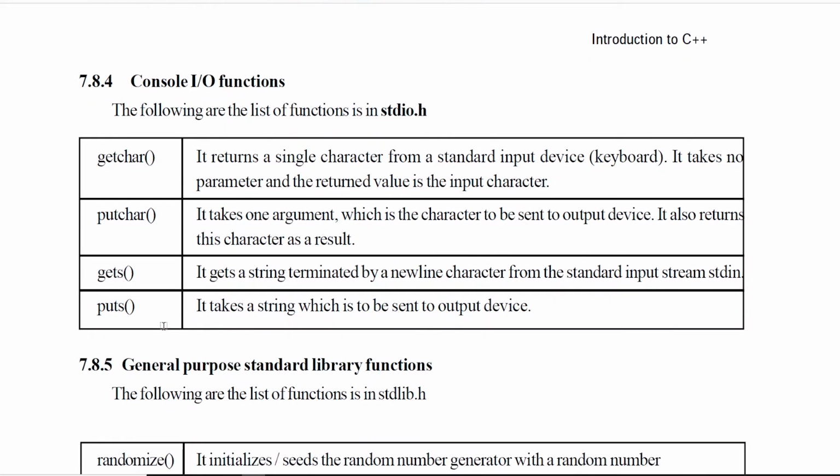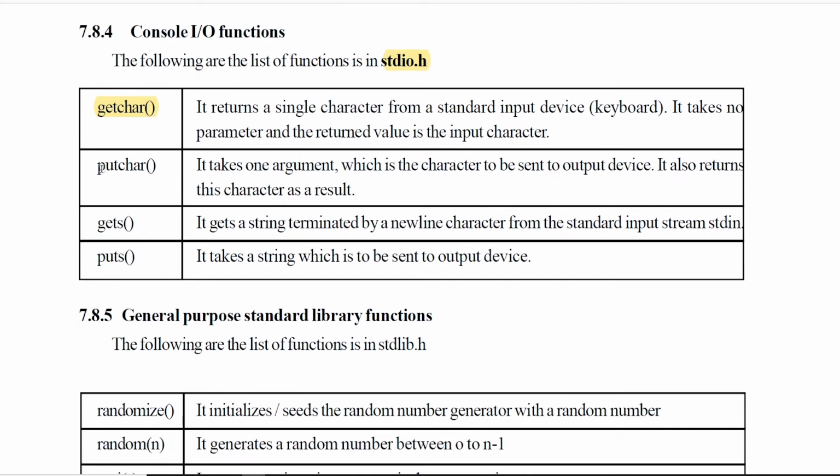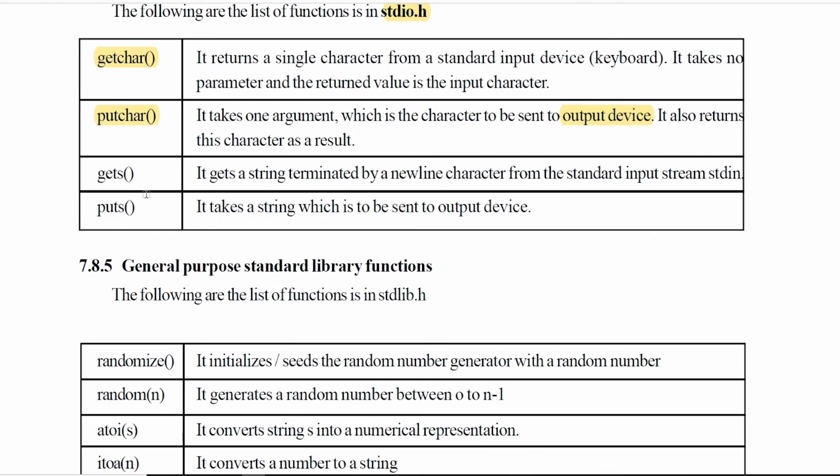And also we have console input-output operations, performed through standard io.h or also iostream.h. getch, or get character, is used to read a single character from the keyboard, the input device. And putch, put character, is used to place a single character on the screen, the output device. Okay, gets is used to get a string, so a sequence of characters will be accepted.